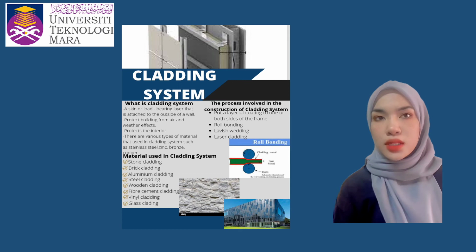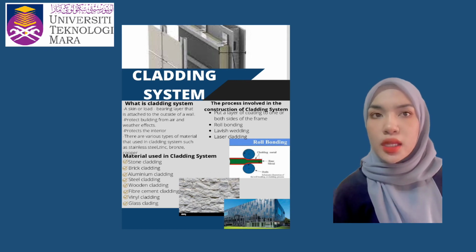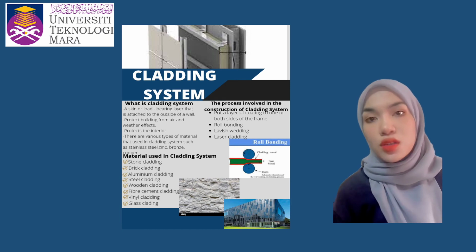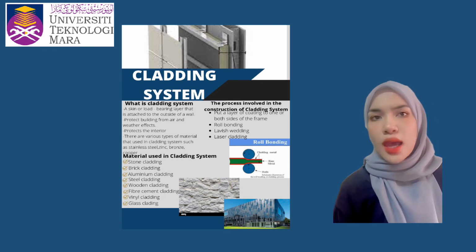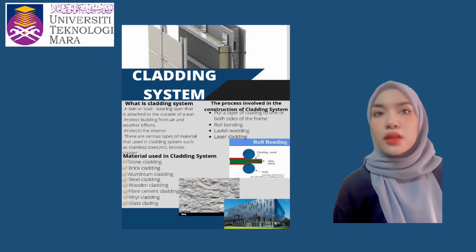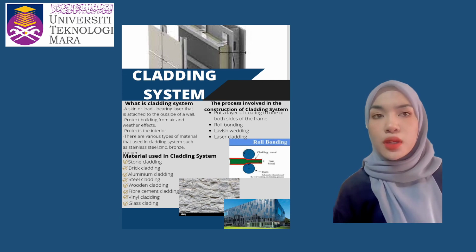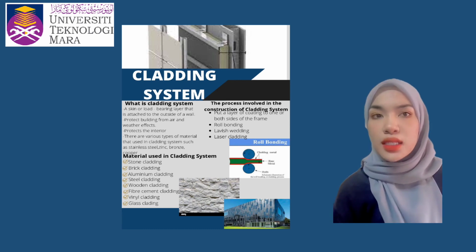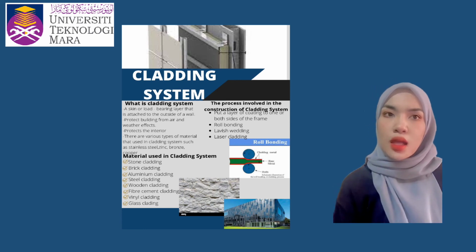Apart from the security provided by the cladding system, it also has the ability to increase the aesthetic appeal of the building or construction. With so many materials, colors, and options to choose from, the cladding system has become quite appealing to architects. Architects are constantly changing the shape of the panel to get a more modern and minimalist look.